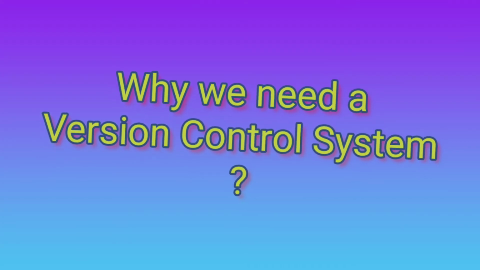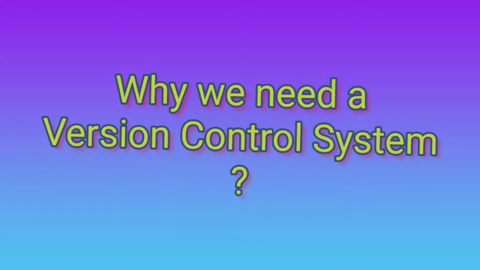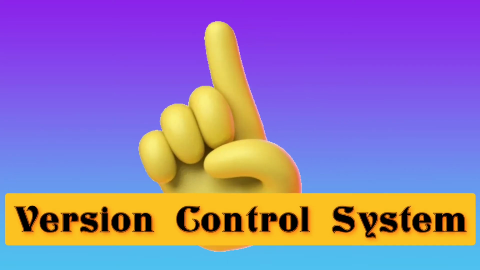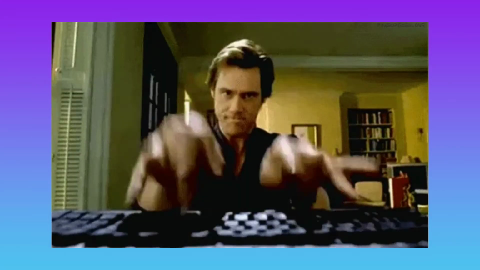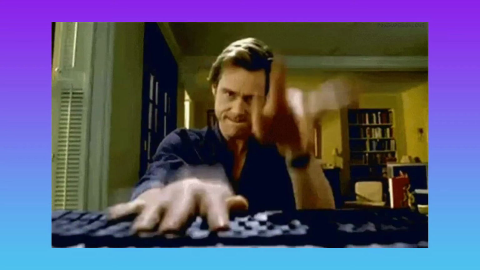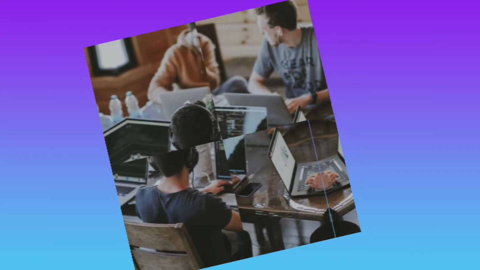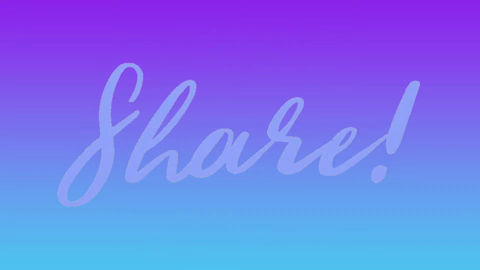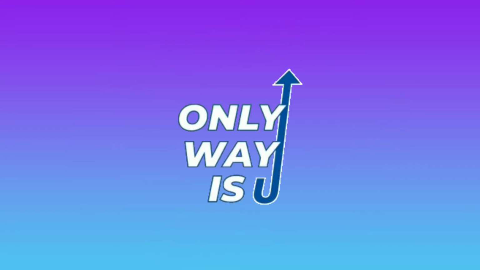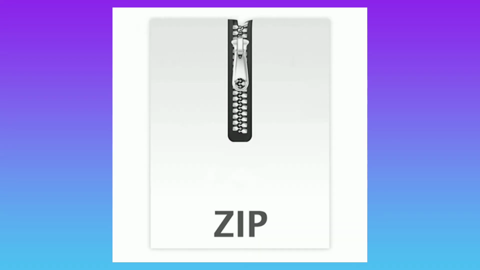So guys, let us see why we need a version control system. When there is no version control system, developers face many problems while they send their code to each other. For example, three developers are working on the same project and they want their code to be shared with each other. The only way they can share their code is a zip file of their project.